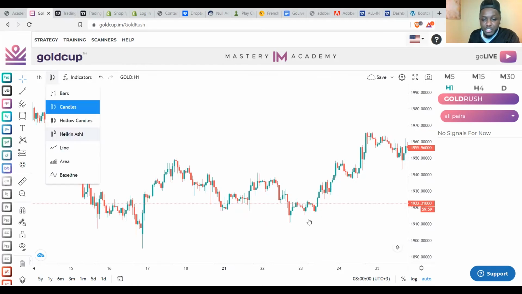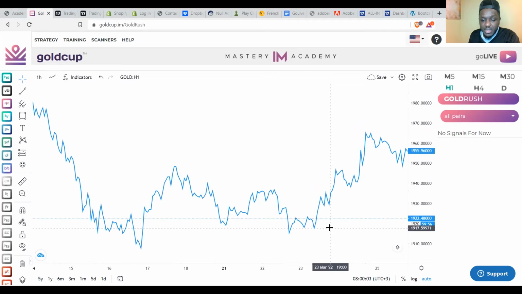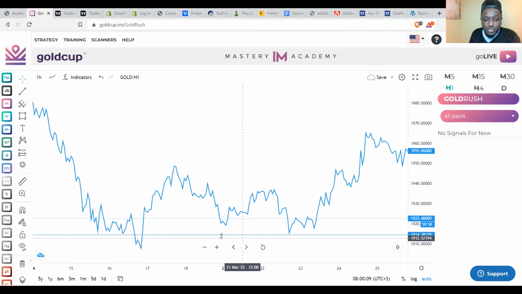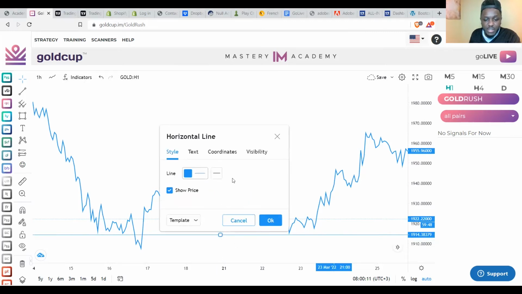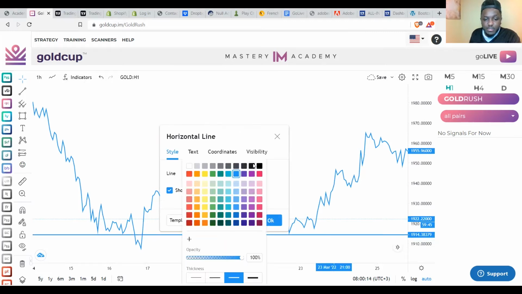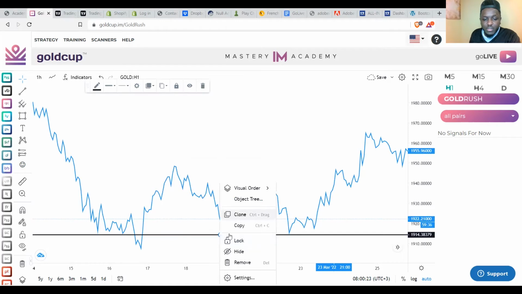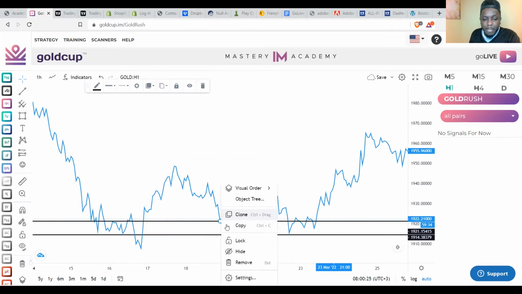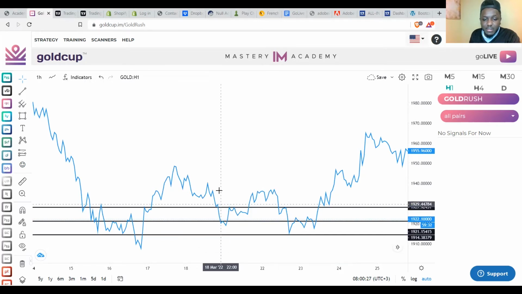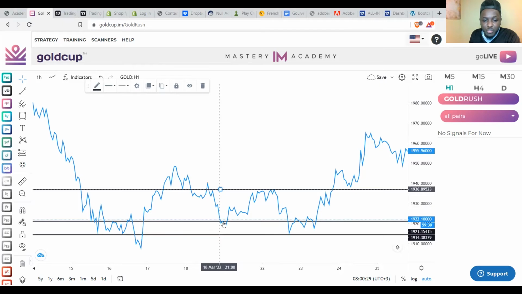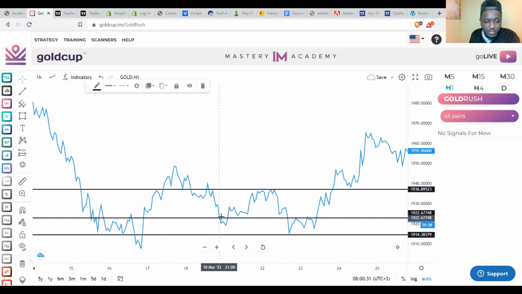Just for efficiency and speed, I'm going to change this to a line chart. And I'll draw some support and resistance levels on the 1 hour. Only because I want us to see how exactly the moving average confirms this for us.